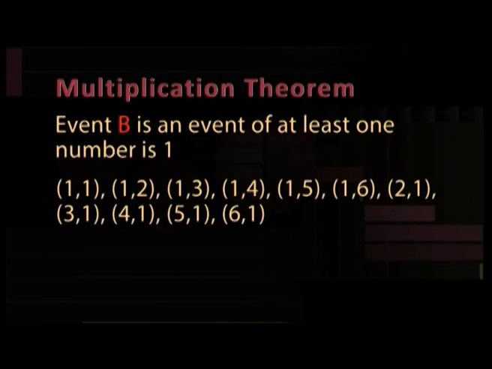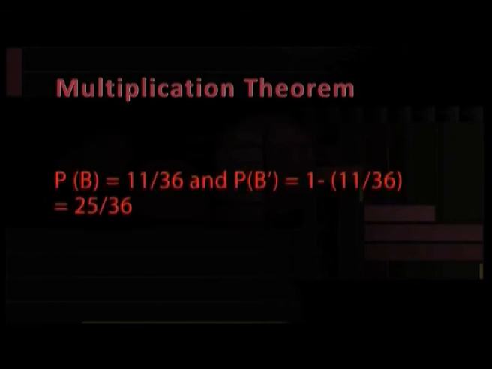Observe that there are 11 combinations of numbers where we get at least one 1 in the combination. Hence, probability of B is equal to 11 by 36, and probability of B complement is 1 minus 11 by 36, which is 25 by 36.